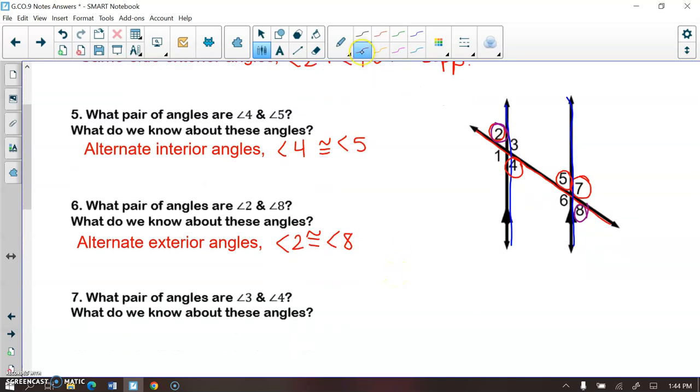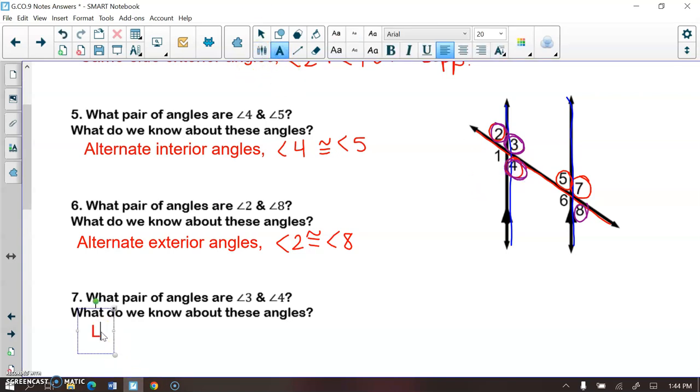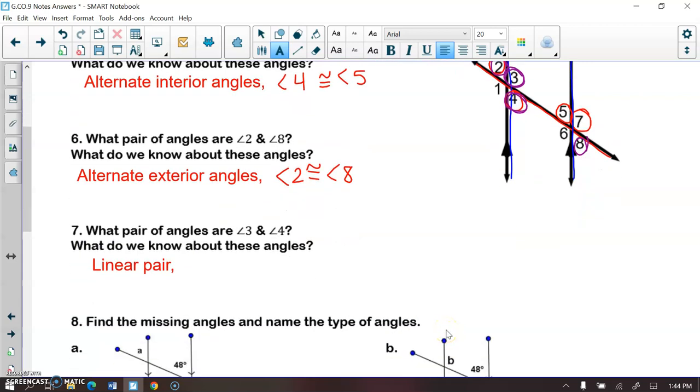And then next, angles 3 and 4. These are angles that are right next to each other. These are a linear pair. And a linear pair, regardless of if the lines are parallel, will always have angles that are supplementary. So angle 3 and angle 4 are supplementary.